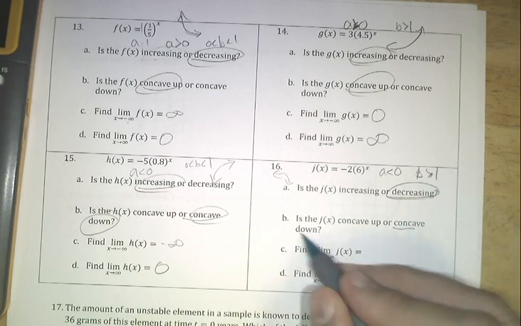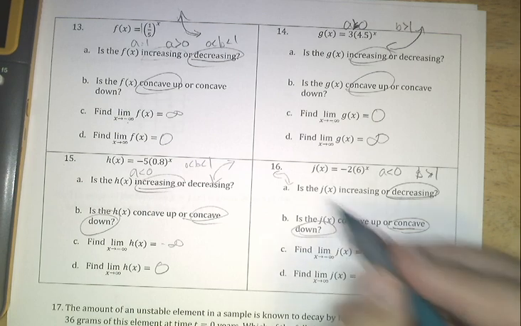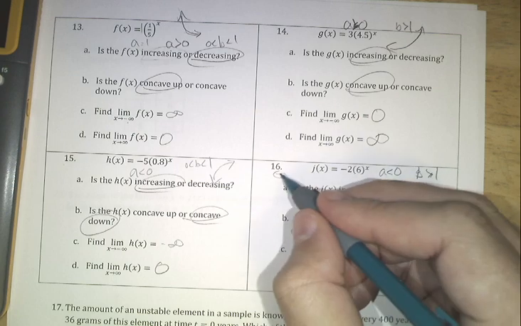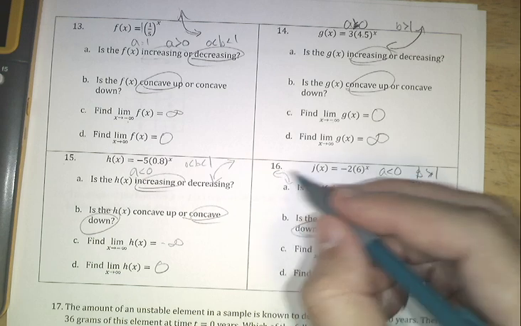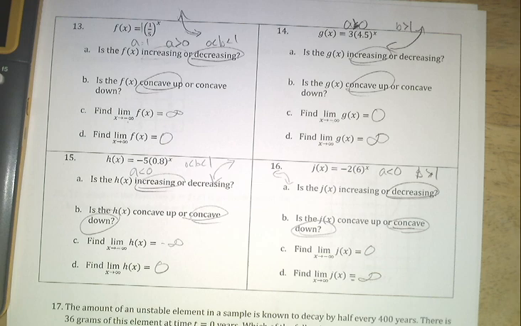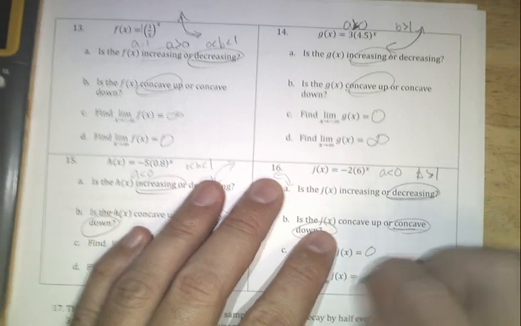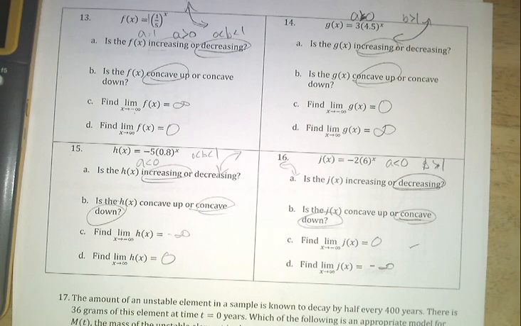It is concave down. And the left-hand limit is 0 as x goes to negative infinity. This should approach 0. And the right-hand limit as x goes to positive infinity goes to negative infinity. Why negative infinity? That looks weird. Y goes to negative infinity, where j of x goes to negative infinity.